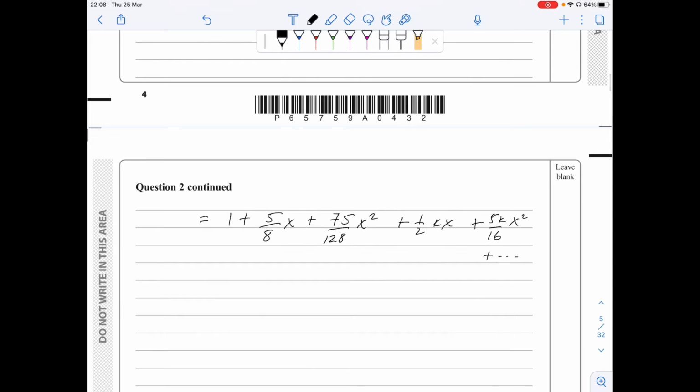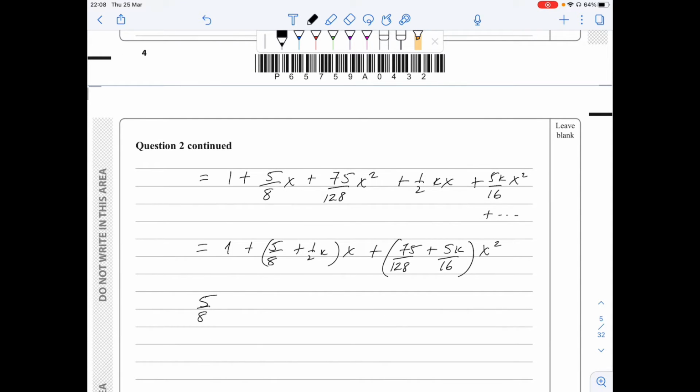I can group the coefficients together. So I've got 1 plus (5 over 8 plus a half k) for x plus (75 over 128 plus 5k over 16) x squared. So now I can compare coefficients. 5 over 8 plus a half k equals 3 over 10, which gives me k equals minus 13 over 20.